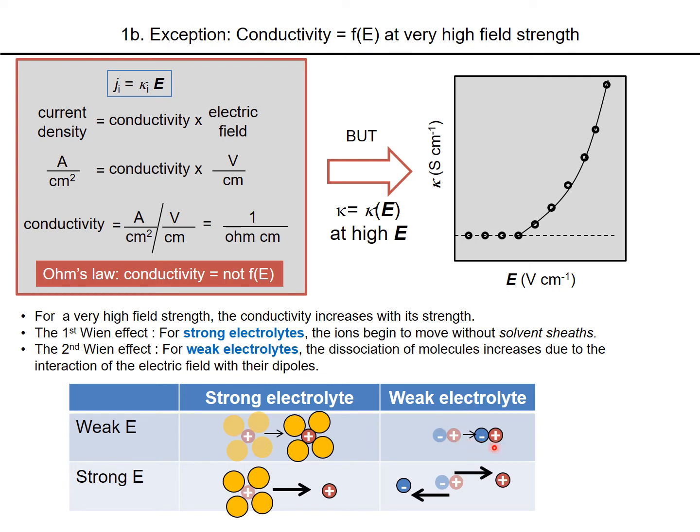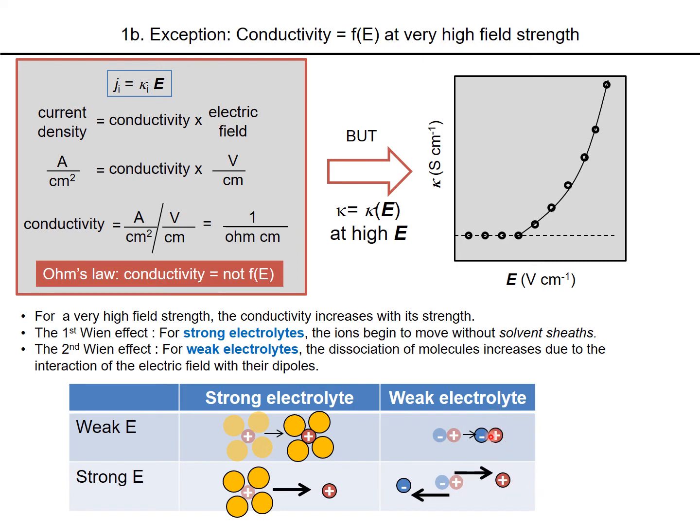So the size of the charge carriers is larger than each cation or anion. However, when you apply a very high electric field, cations and anions are divorced from each other, then each ion works as a respective charge carrier. So the size of charge carriers is smaller than before.